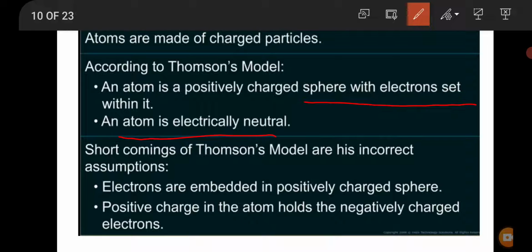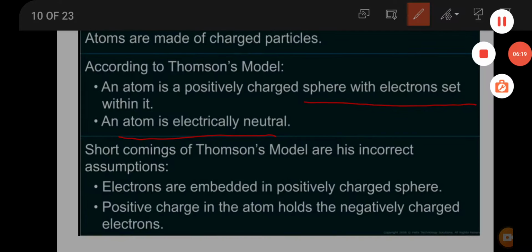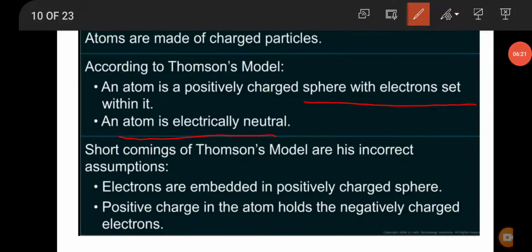It has no charge. Now there were certain shortcomings of the Thomson model, which were his incorrect assumptions. And what were those incorrect assumptions? First, electrons are embedded in the positively charged sphere. And second, positive charge in the atom holds the negatively charged electrons. So these were the shortcomings of the Thomson model.